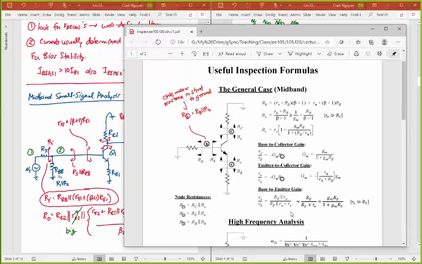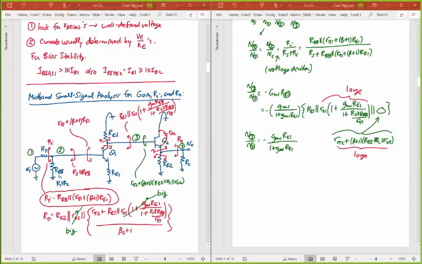I'm not just throwing formulas at you. We derived all of these things before. It's really just going to come down to whatever resistance I have hanging off of this node here, looking out in this direction to ground, in a voltage divider with the little Re, which is 1 over GM there. And so all I need is this resistance looking there to ground.